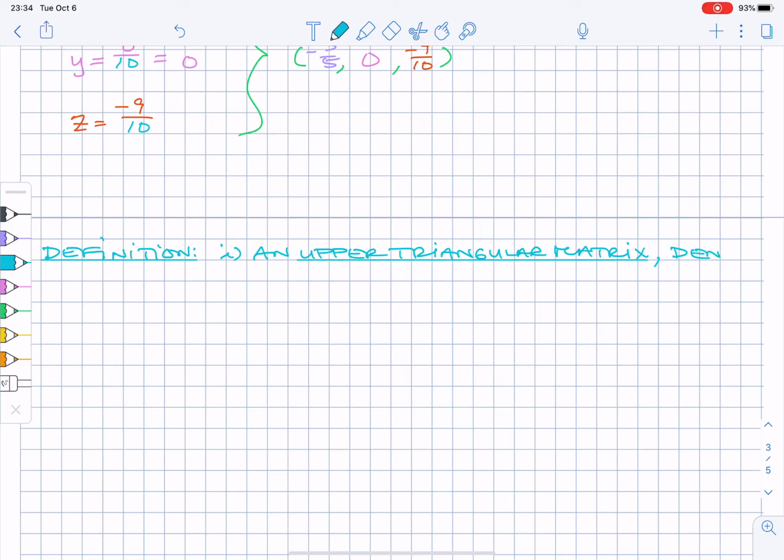Denoted by U, capital U, for upper triangular. Has all entries beneath the main diagonal set to 0.